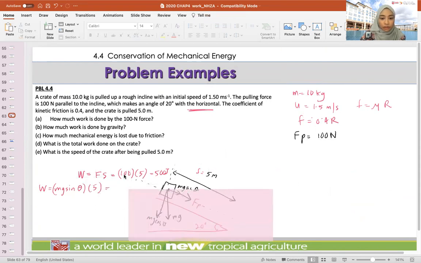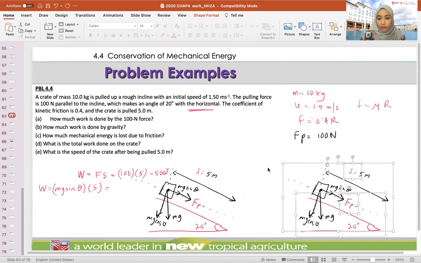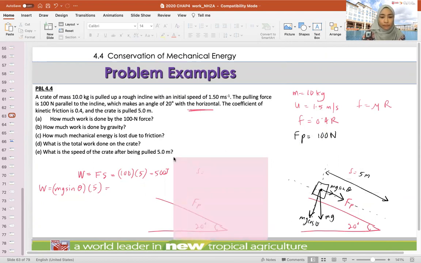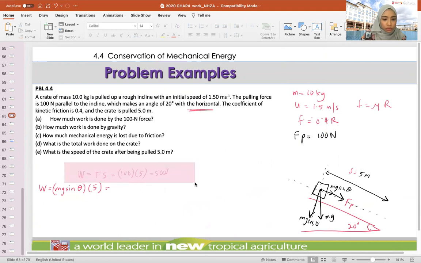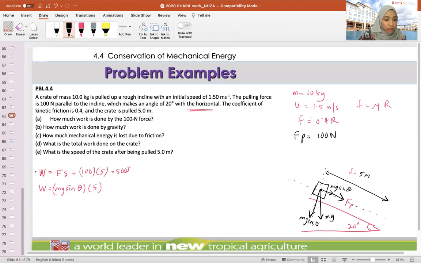And then our free body diagram somewhere else. Okay, so this is where our equations are going to be. This was our A answer.